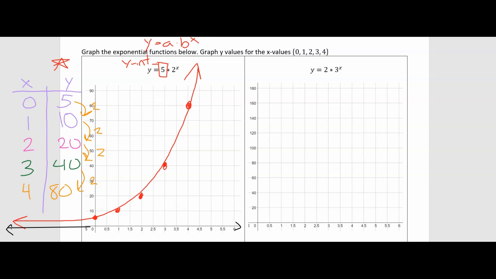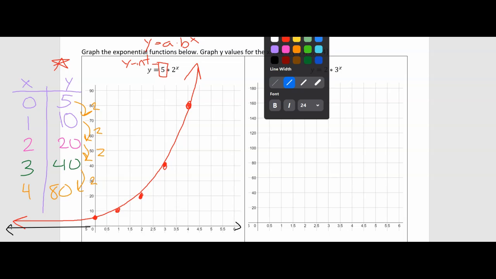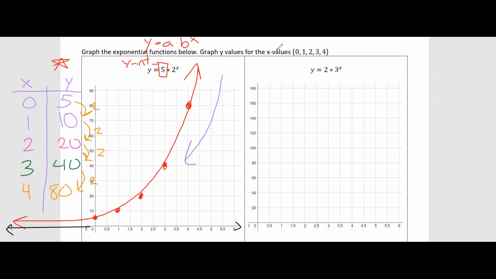So if we're looking at it going this way, the y values are getting smaller and smaller and smaller, but they never quite reach 0. It approaches 0, but it never quite gets to 0.